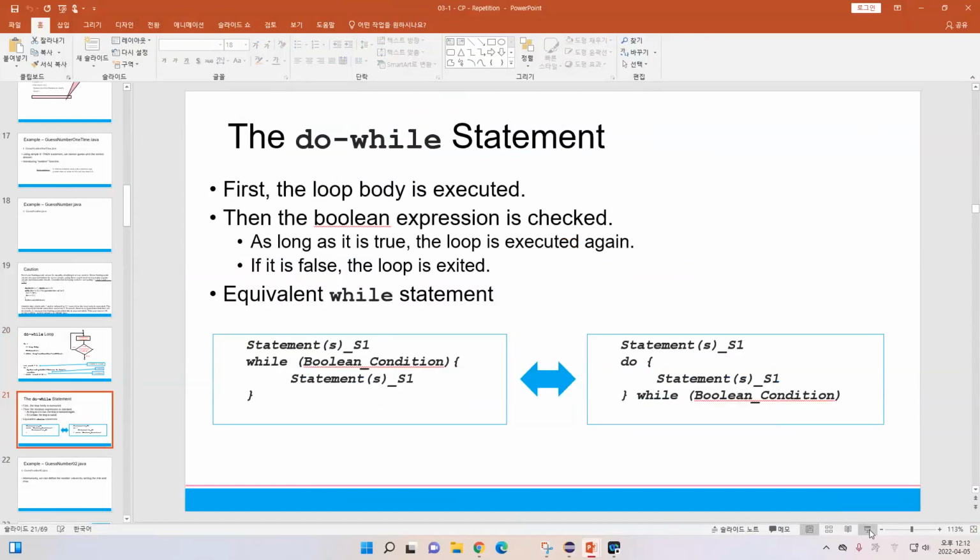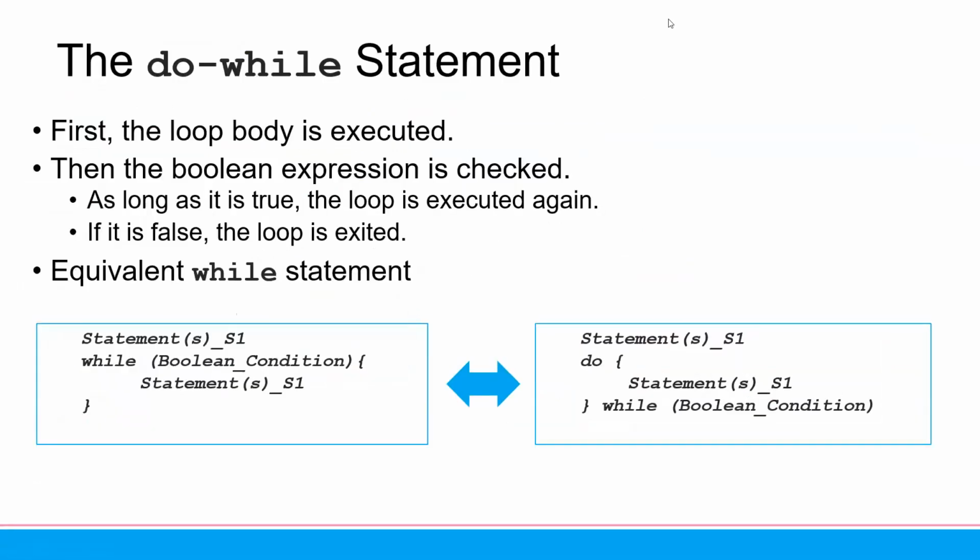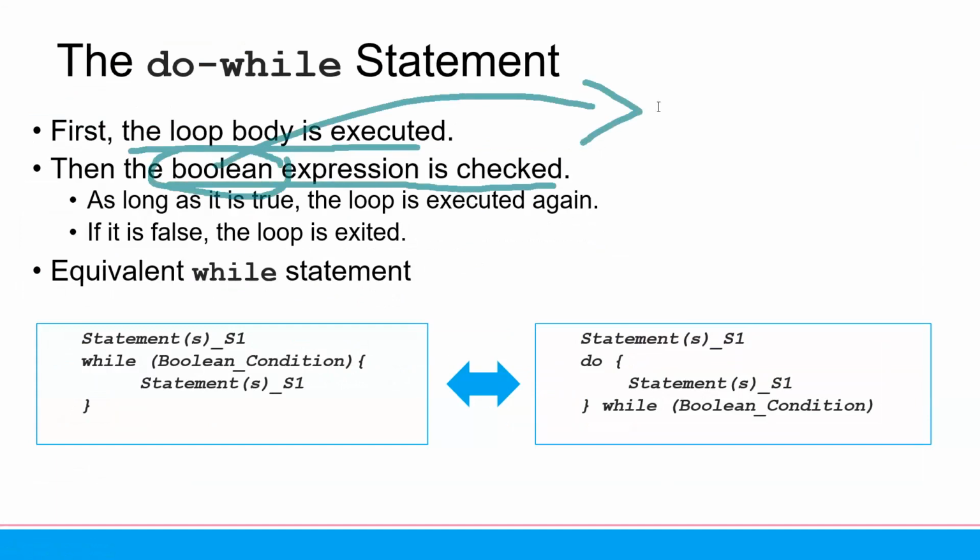The do while statement, first the loop body is executed. Then the Boolean expression is checked. Do you still remember what is Boolean? Okay. Boolean means a data type where we have only two values, true or false.